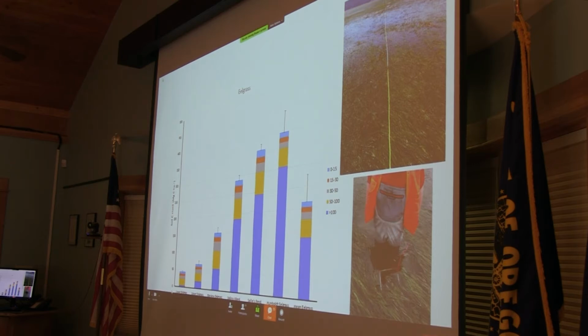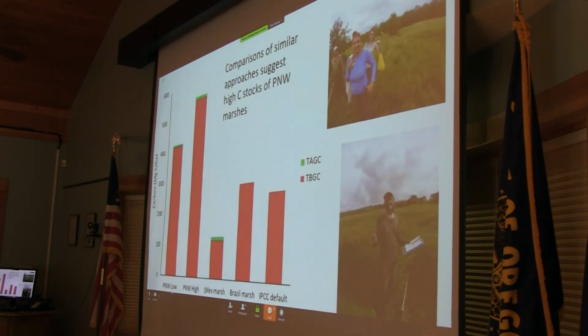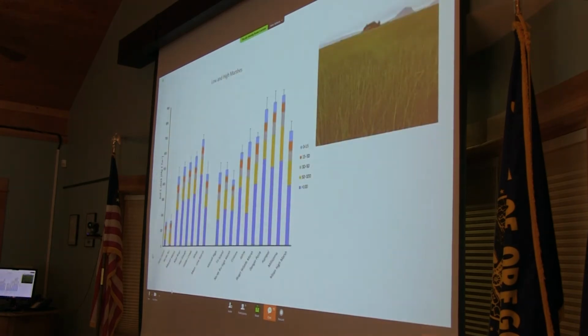Moving on to low and high marshes, very similar types in the low marsh. You can see on the left low at Delta Island, Secret River marshes being less than 200 tons per hectare, getting up to 100 tons per hectare. The White River Marsh, the mean of 400.